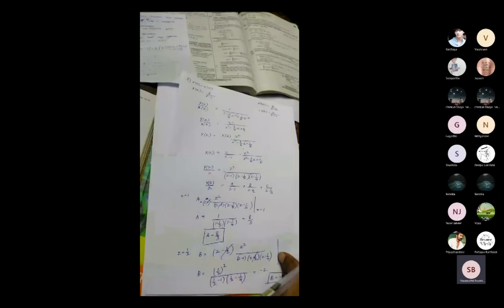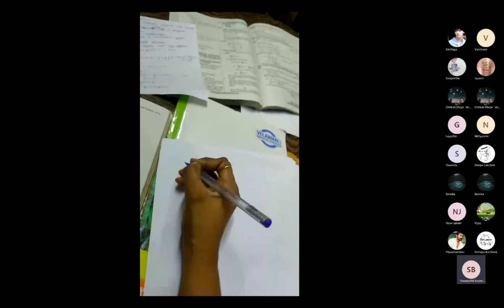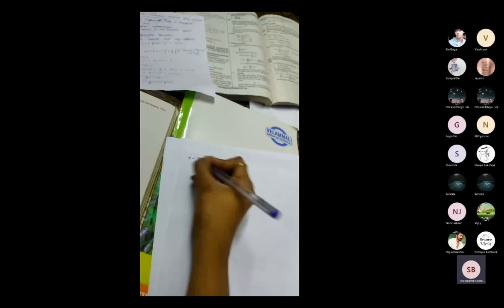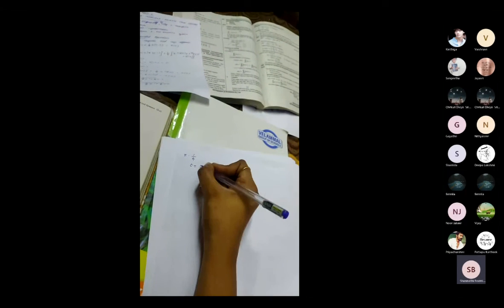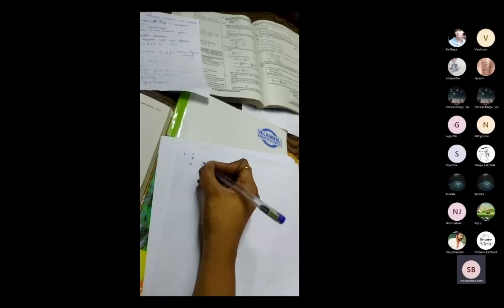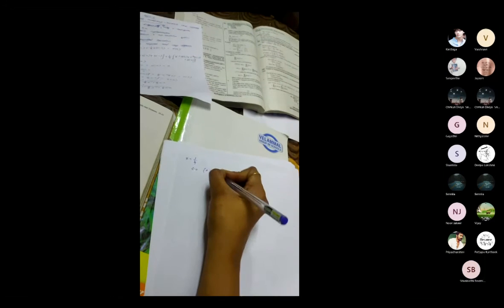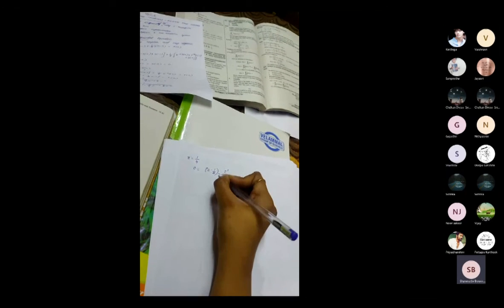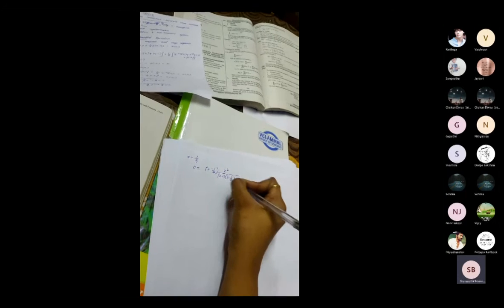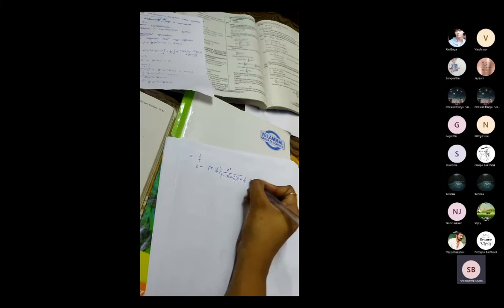Then same way, find out the C value. To find out the C value, I am going to consider the pole value as z equal to 1 by 4. So C will be equal to the residue of this, which is z minus 1 by 4 into z square divided by z minus 1 into z minus 1 by 2 into z minus 1 by 4.